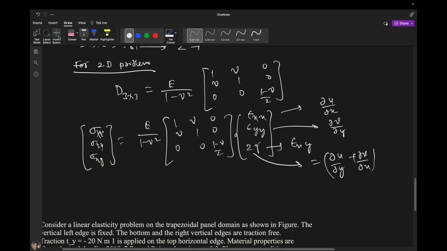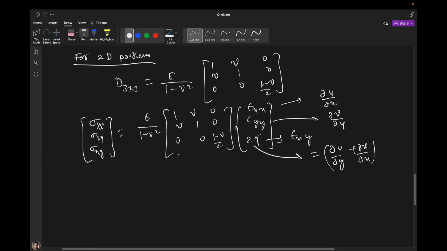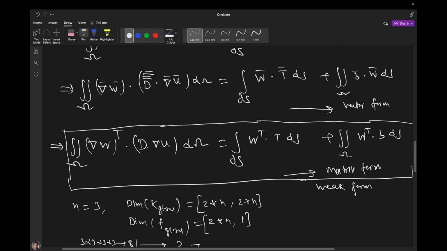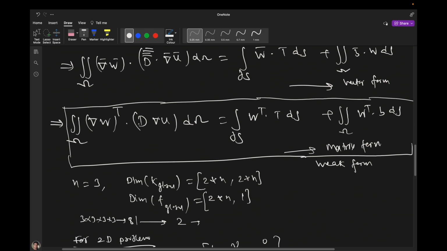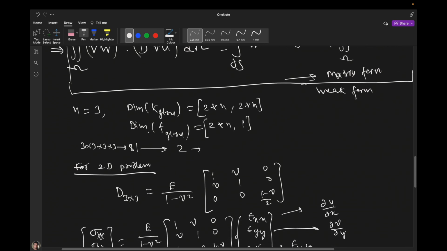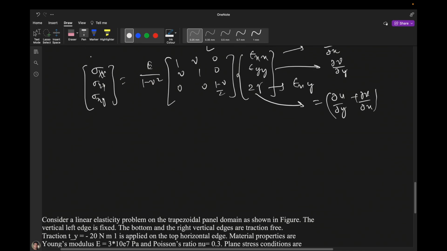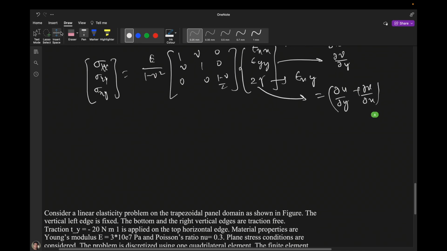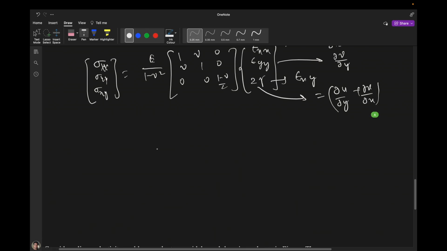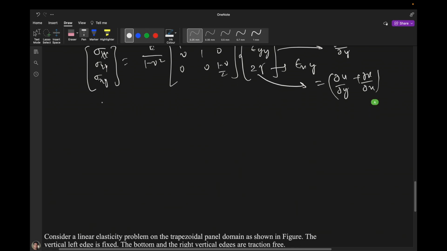So now the problem is how we will represent the second order tensor. This is also a second order tensor, this is a first order tensor, but how will we represent it? Now we will try to build it based on the shape function.